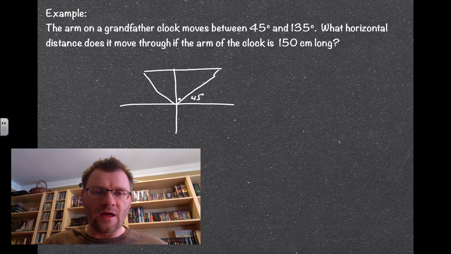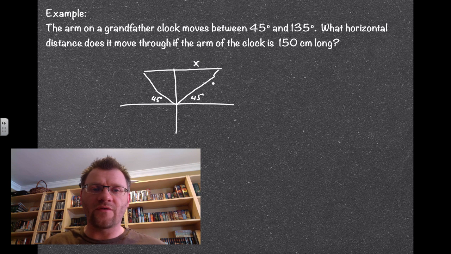If I think about it, this 135-degree angle has a reference angle of 45 degrees. So I really just have these two triangles that are 45-degree triangles. That means I'm looking for the horizontal distance here, which is x.